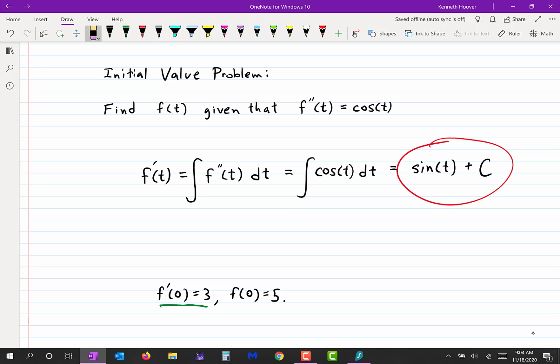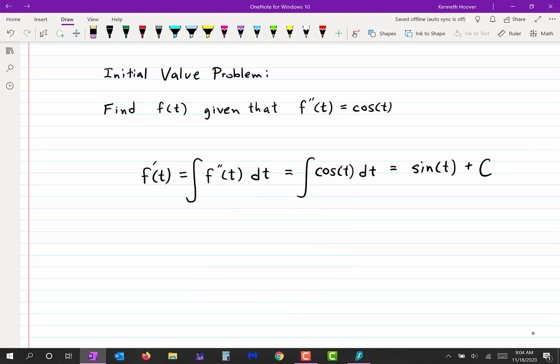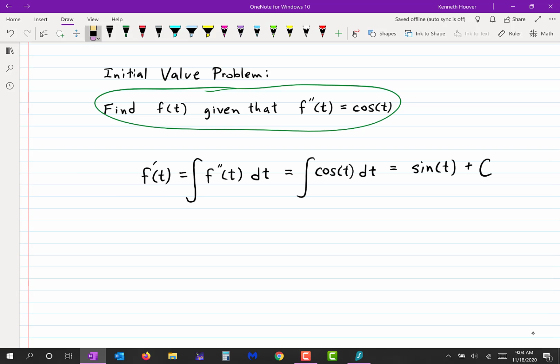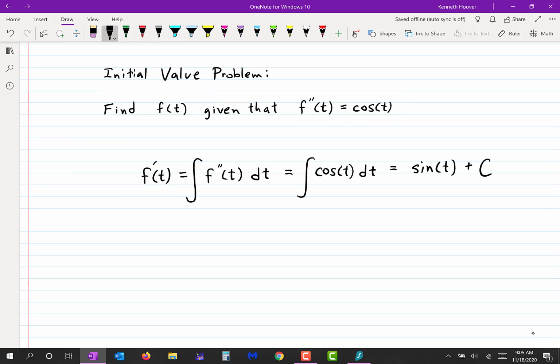Oh, actually, sorry, that's only f prime, so I would still have to go backwards one more time, wouldn't I? Let's finish that. If this was the whole question, then I integrate f double prime to find f prime, and then I integrate f prime to find f.